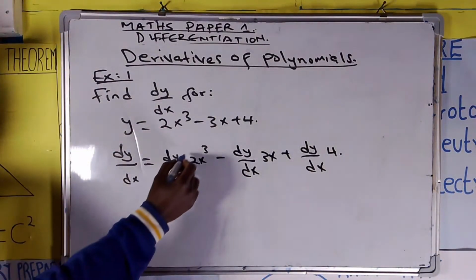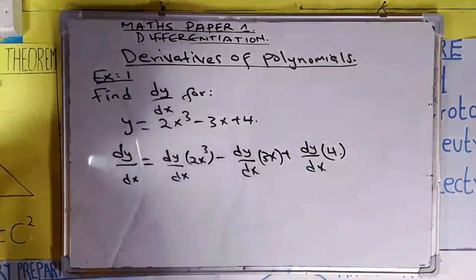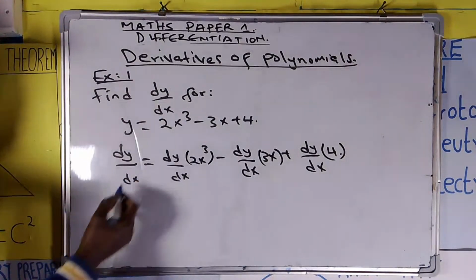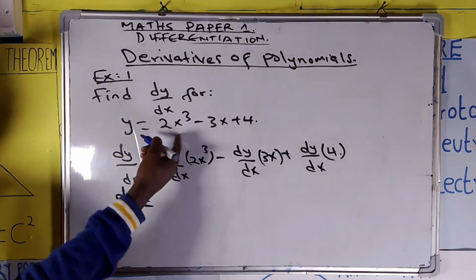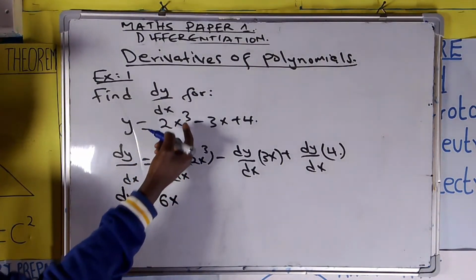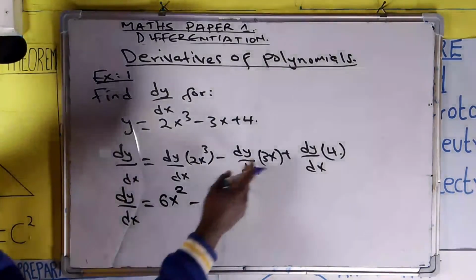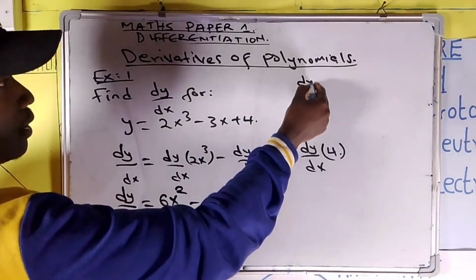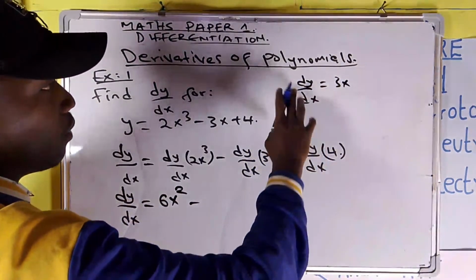So here we find the derivative of each term. For the first, what is the dy over dx of this? It will be 3 times 2 is 6, x, 3 minus 1 is to power 2. Then minus dy over dx of 3x.